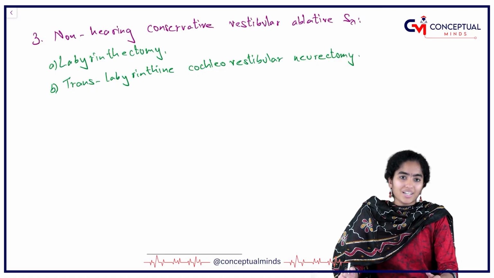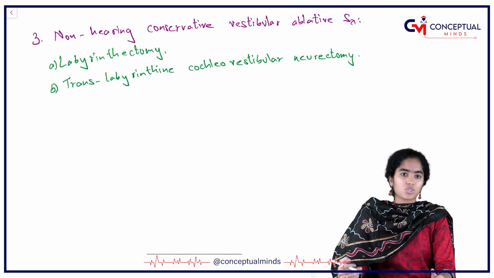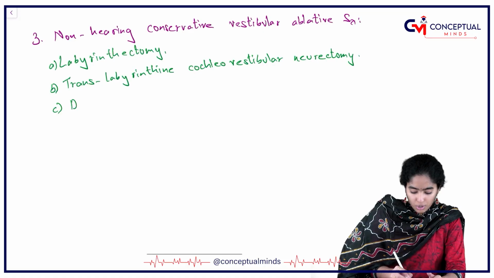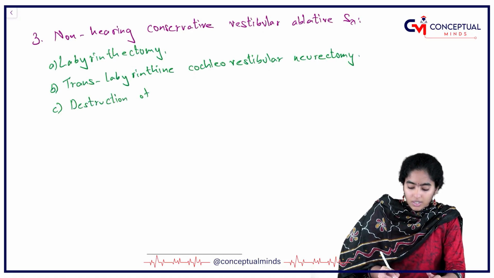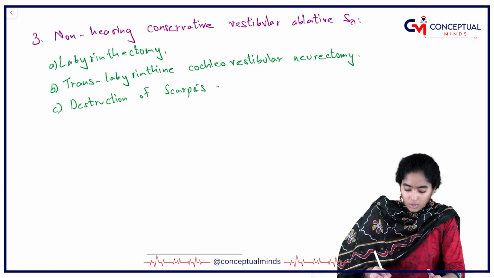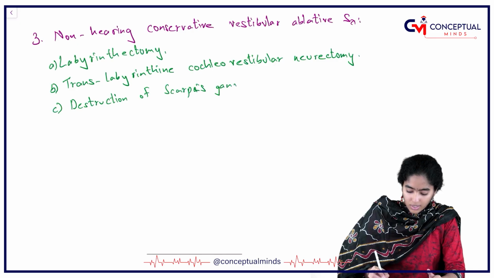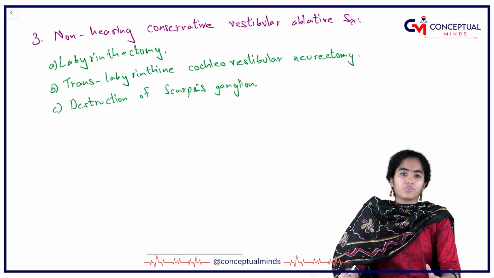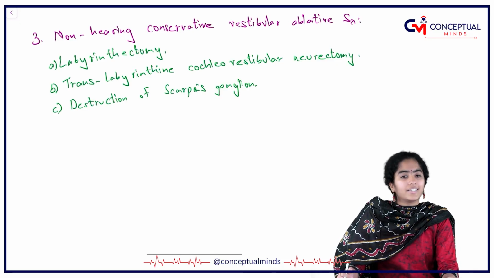If cochleovestibular neurectomy is done, it is non-hearing conservative. Then destruction of Scarpa's ganglion. This is a ganglion of the 8th nerve that is present in the internal auditory canal, and this ganglion is destroyed. All of these will lead to relief of vertigo, but hearing is destroyed.